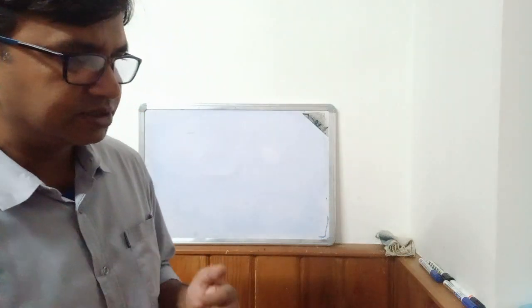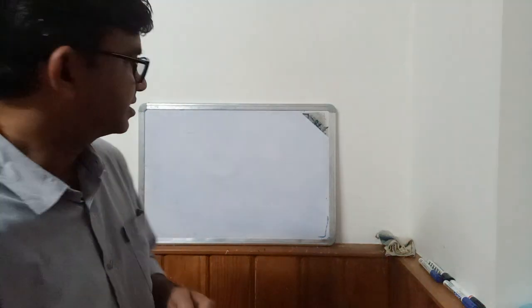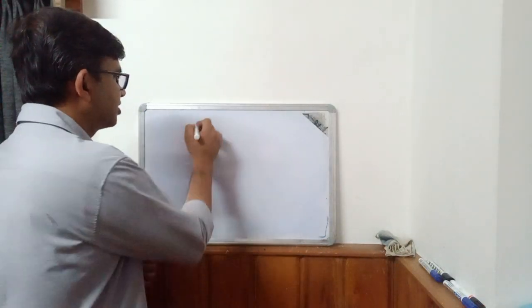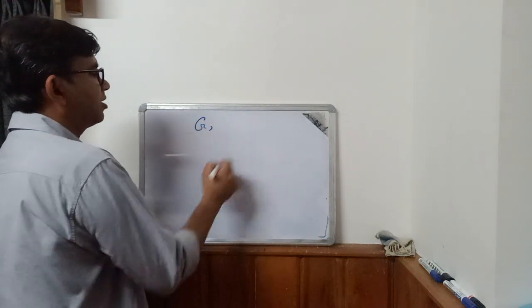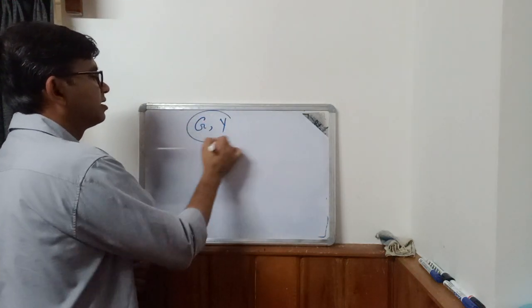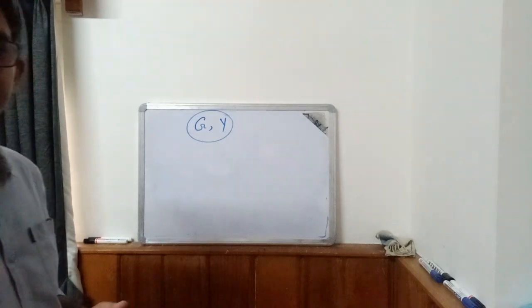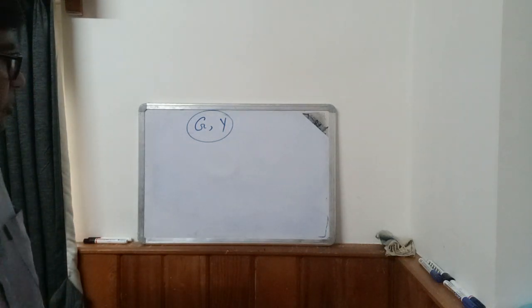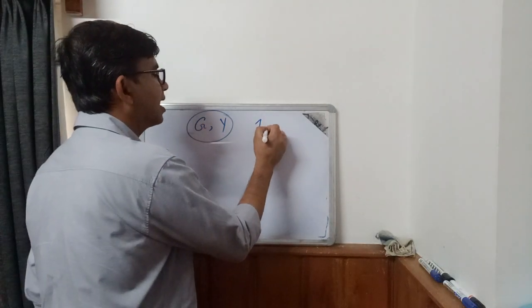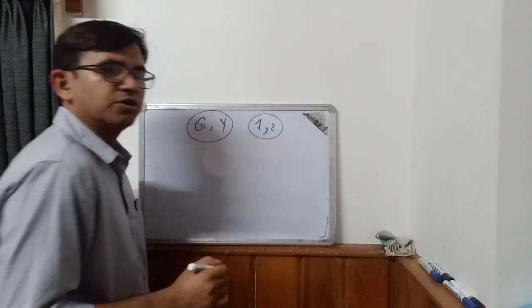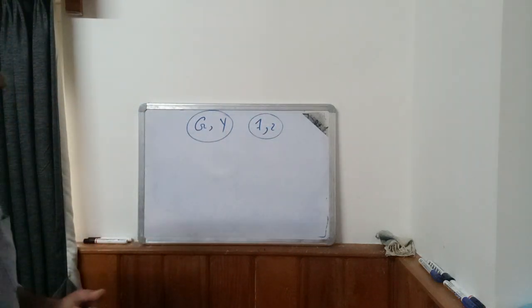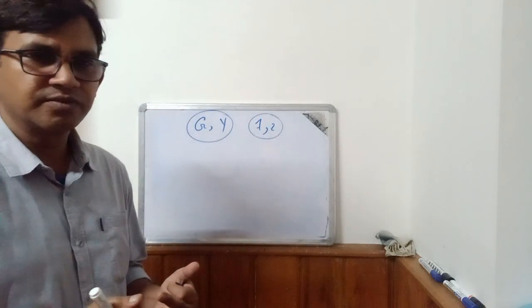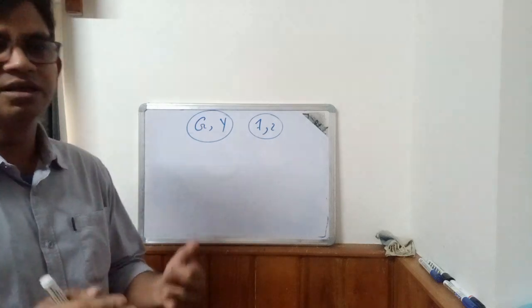So just continuing from my last lecture, we found that if G is a public good and Y is a private good in a two commodity, two consumer framework, with consumers 1 and 2, what was our finding?